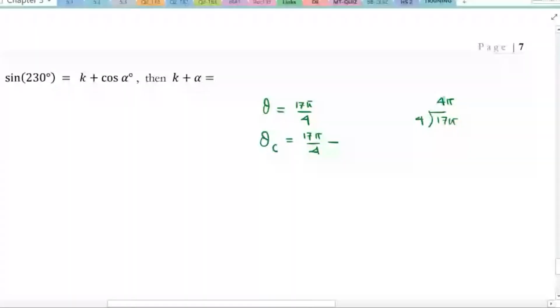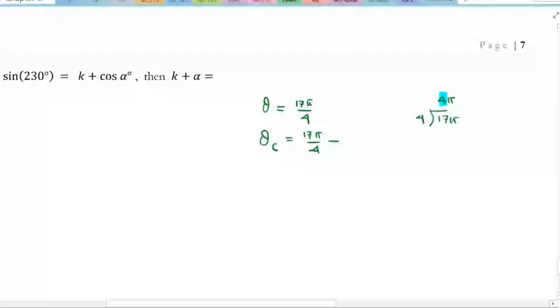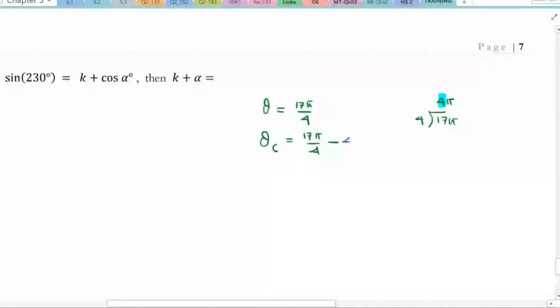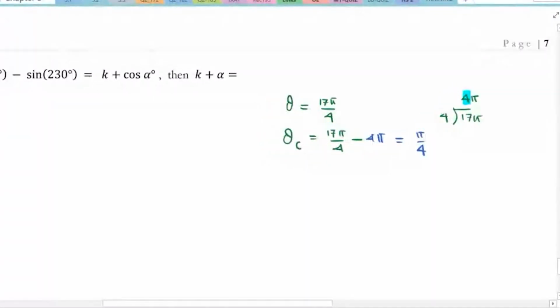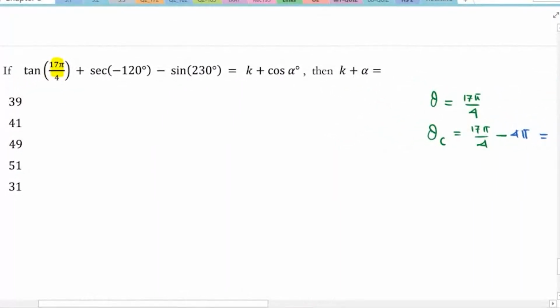You are always going to subtract an even number, not odd. So this is going to be minus 4 pi, and the result is pi over 4. Because it is a coterminal angle, we can rewrite this as tangent of pi over 4 directly.